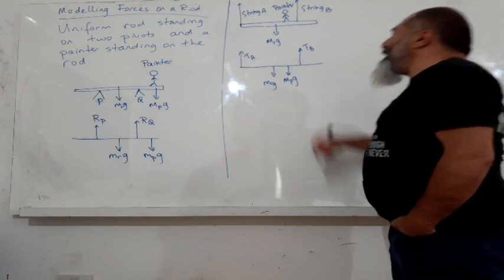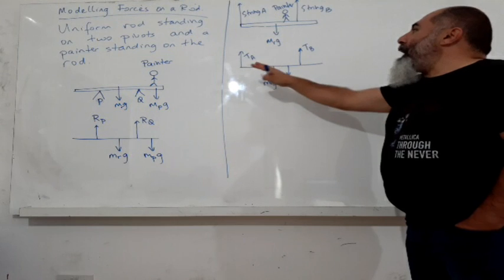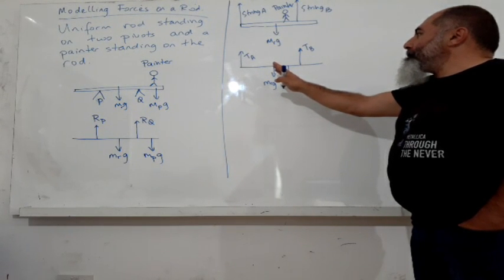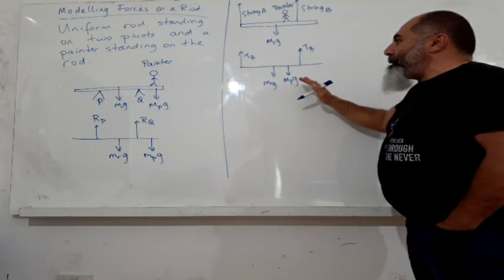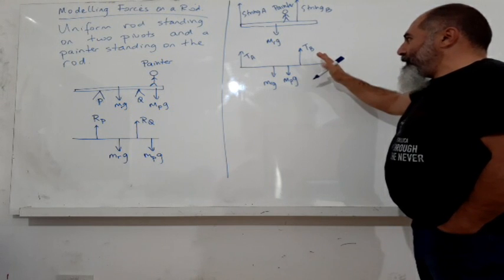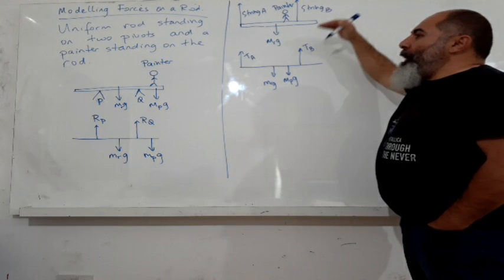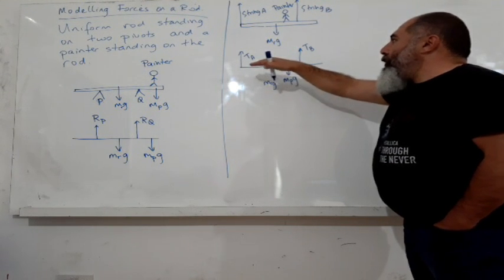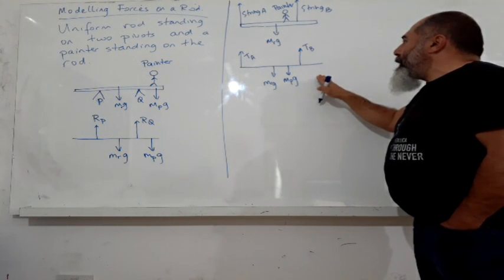This is how we are going to represent forces on this rod. This will be the first step of our solution. From the diagram, we have to represent each force on a number line representing the rod or the plank.